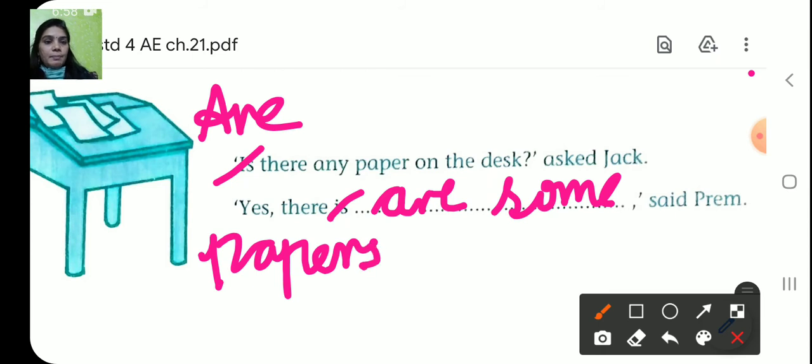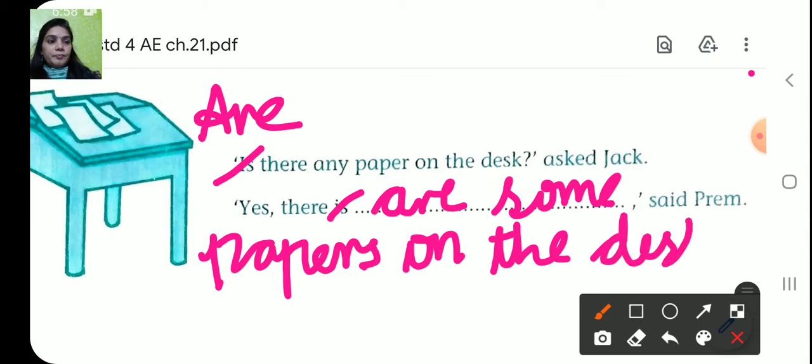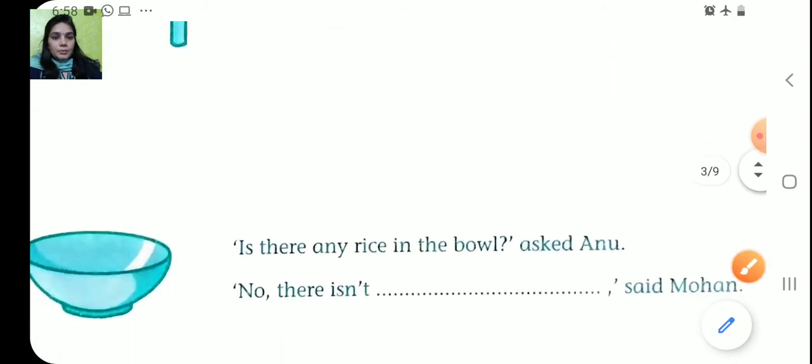P-A-P-E-R-S, papers on the desk. So yes, there are some papers on the desk. Now we'll move on to the next question.